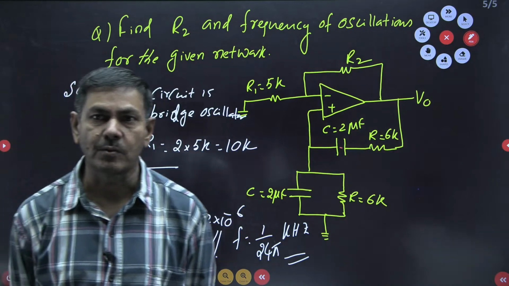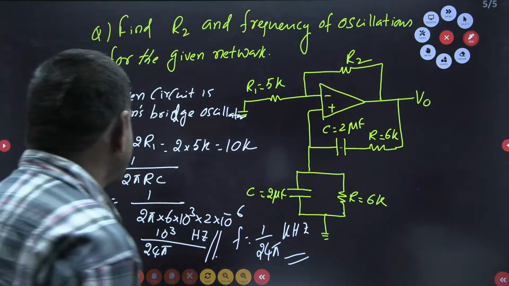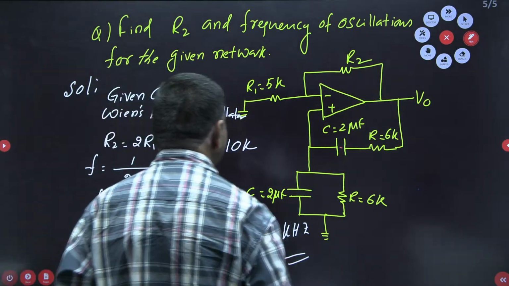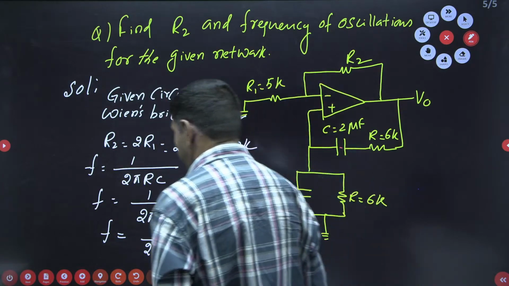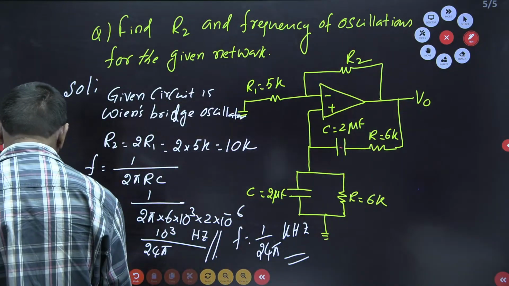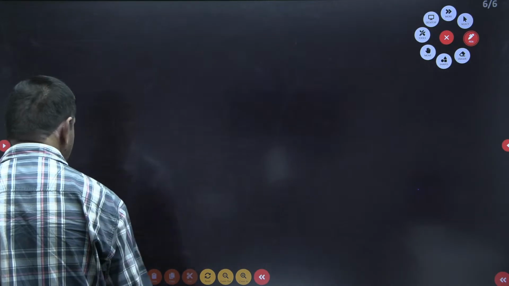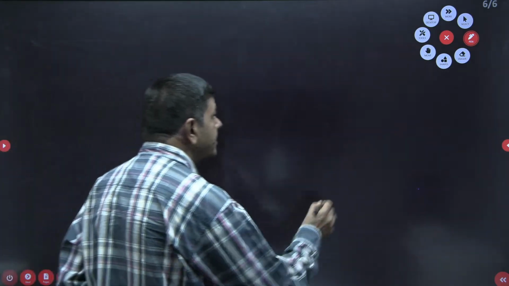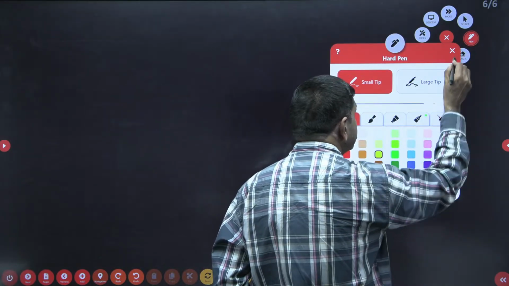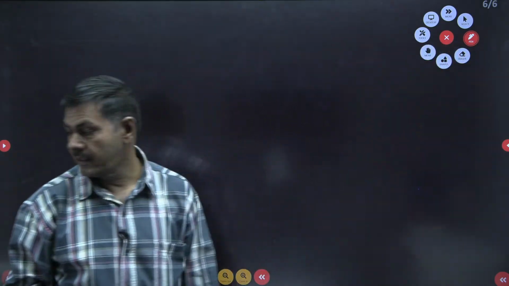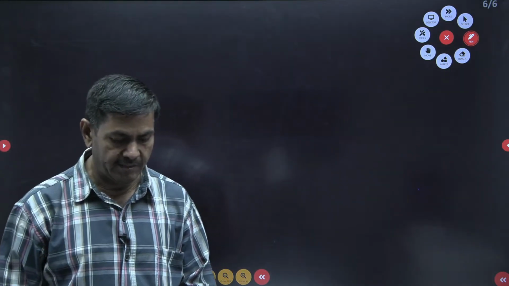I think you followed. And I want to give one more question. Please try this without my help. Yes, I will give the next question. I want to give one more question by using oscillators.